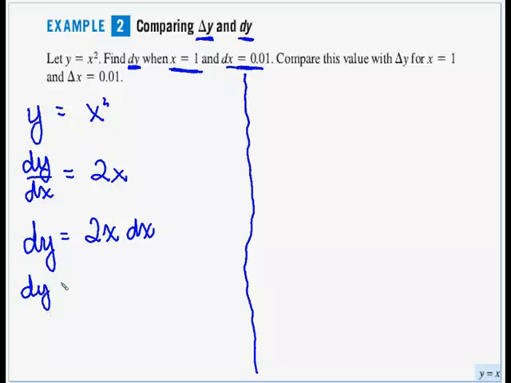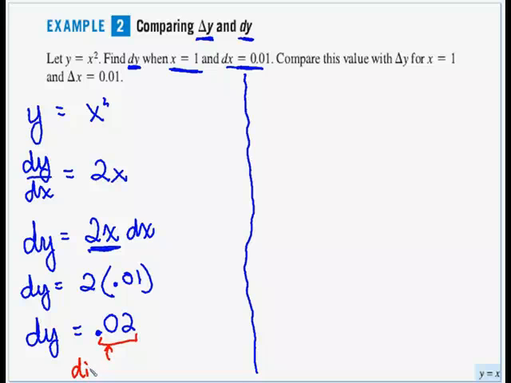So dy equals, well, x is 1, so 2 times 1 is 2, times dx, 0.01. So dy equals 0.02. This is our differential for y. Now let's compare that to the true change in the curve. This again is our approximation.